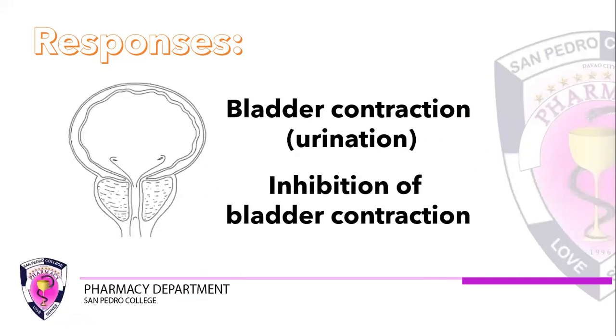And the last one, in terms of your urinary bladder. During rest and digest, ano ba nafe-feel ng tao? Does the person feel like urinating or not? The correct answer is bladder contraction causing urination. Those are the specific responses of your parasympathetic division.